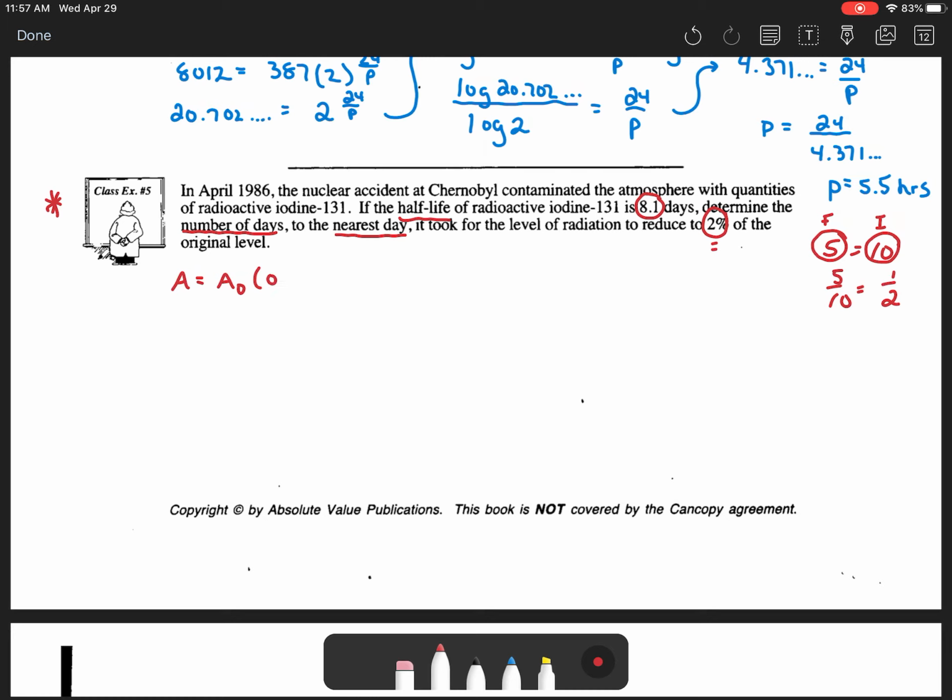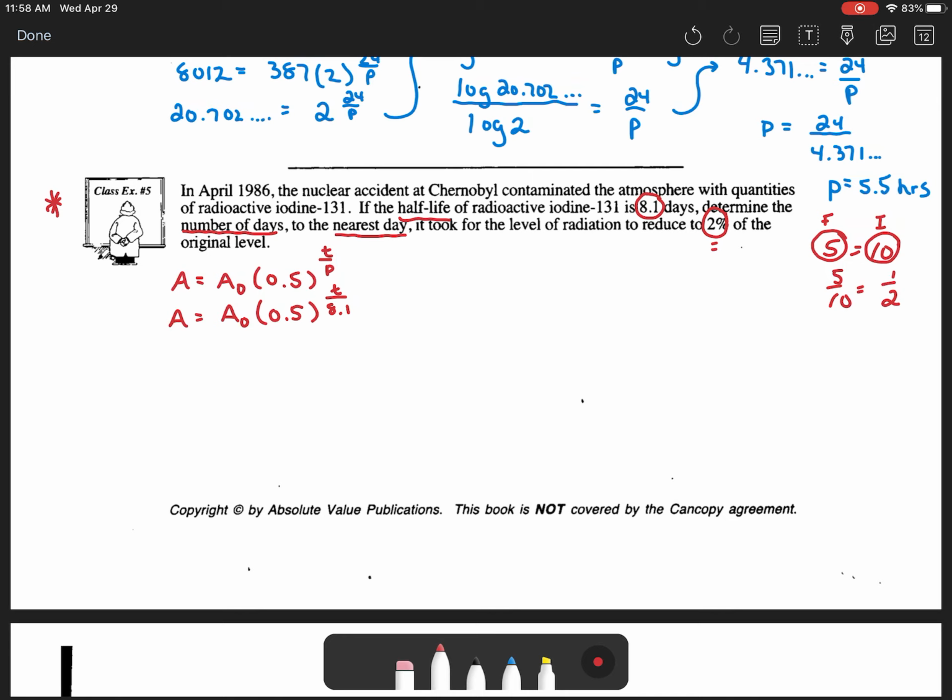My B value is 1/2. I'll just write that as 0.5. You can use 1/2 if you prefer. And remember, my exponent is T over P. Now, in this question, they have given me the period. So this time, I know the period length of the halving, 8.1. So this is where the 2% comes from.